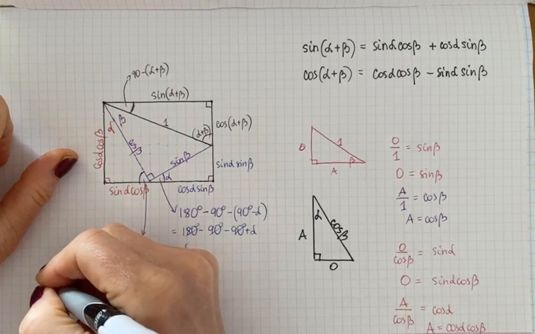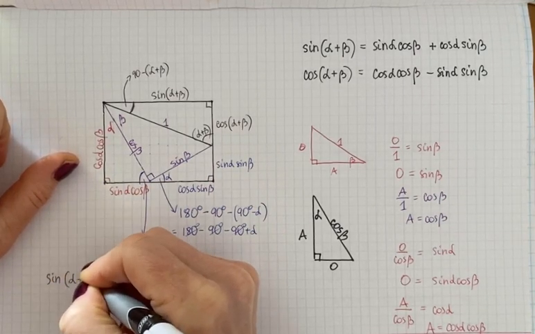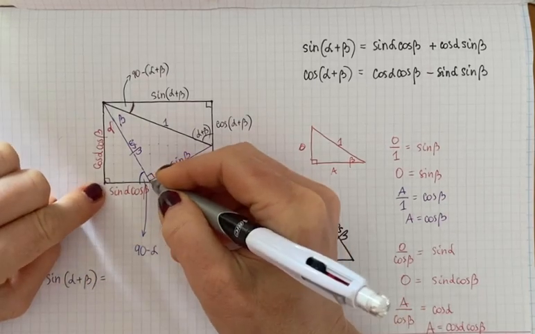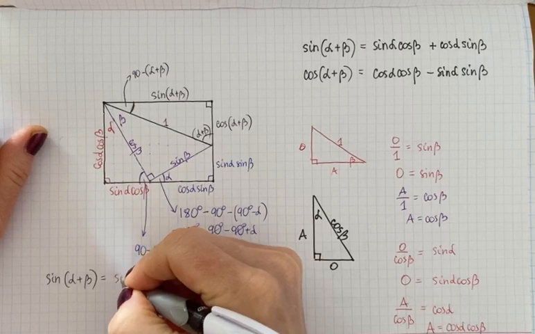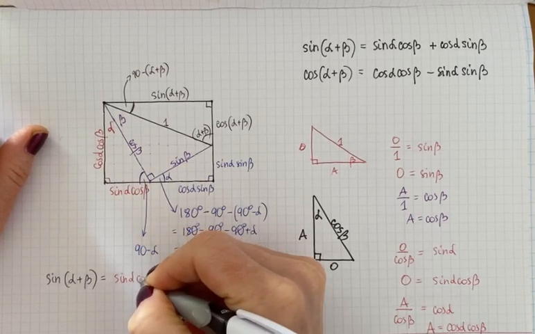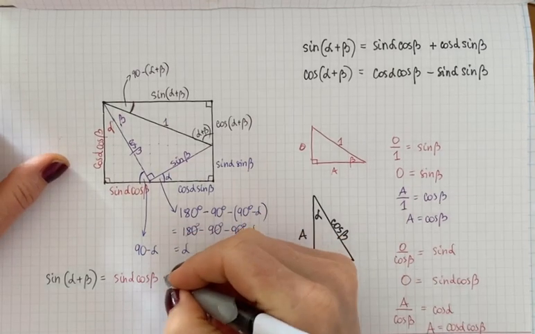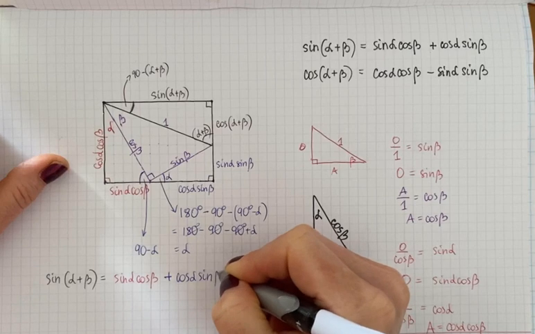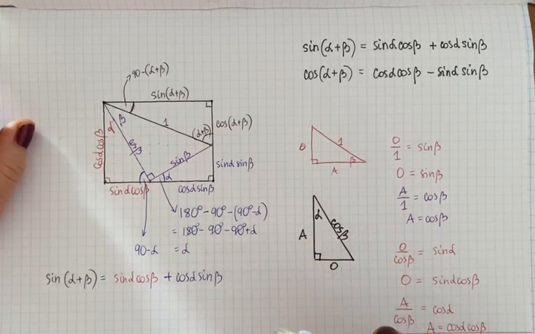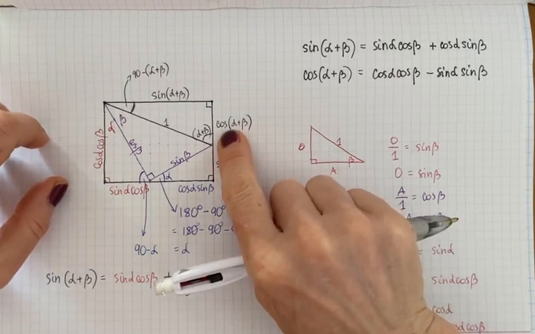So sine of alpha plus beta must be equal to this, which was in red, sine alpha cos beta plus cos alpha sine beta.